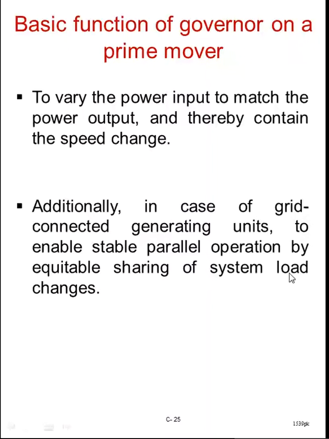Whenever you have a load change, how do the generators share the power to the demand? That can also be achieved through the governor action. It is not just to vary the output power, but also the parallel operation of the generators, and thus the sharing of output power against the load demand, that can be achieved with the use of the governor.